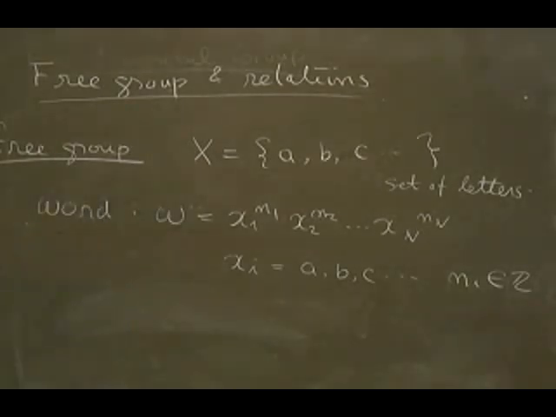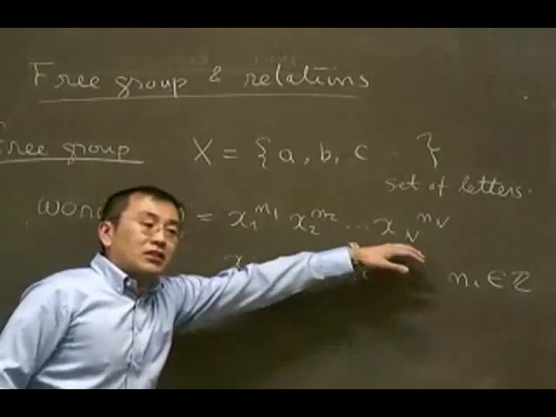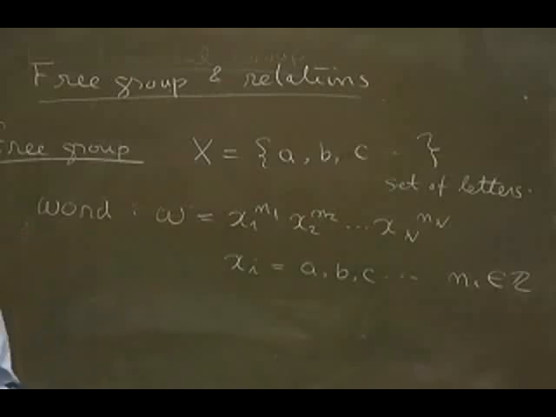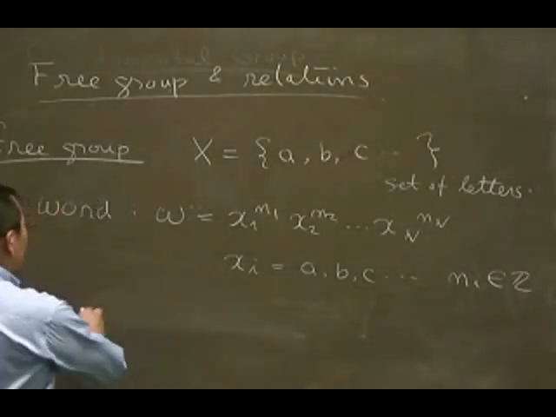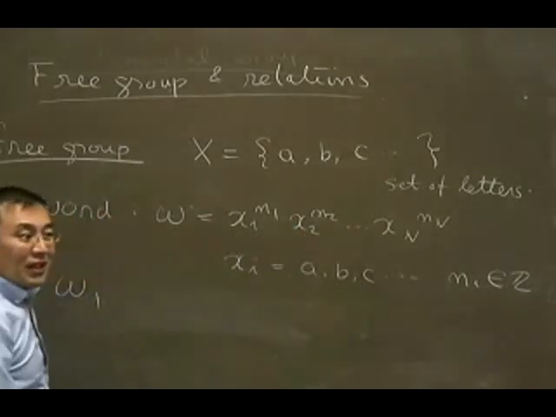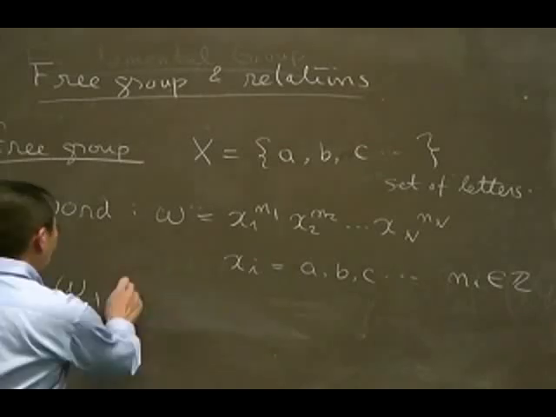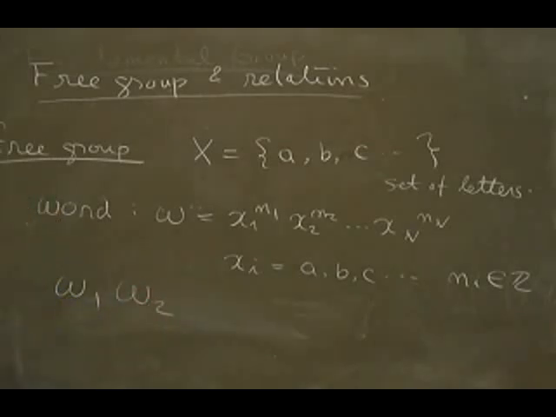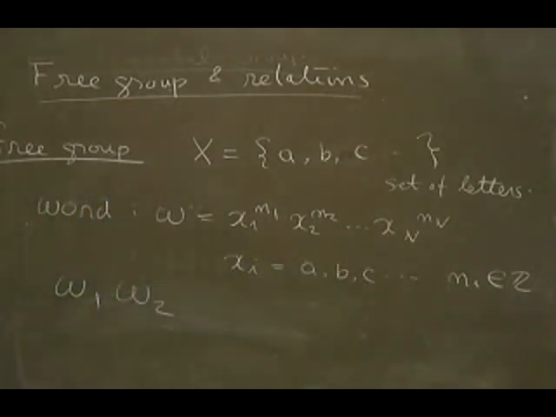If you introduce this operation, then we can make the set of words into a group. It's a very simple thing. You just take two words, omega 1, which is a sequence of letters like that, and omega 2, which is another sequence of letters. If you want to take the product, you just take the combined sequence of letters and then do the reduction.